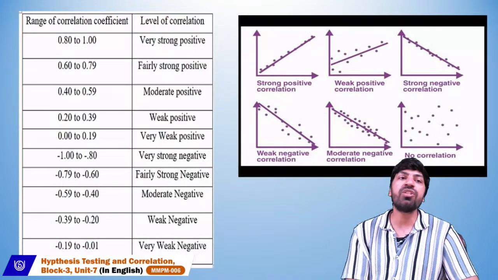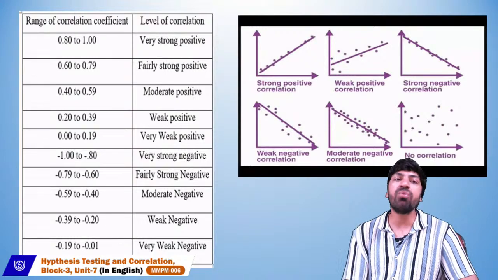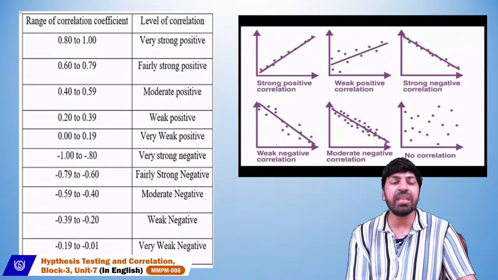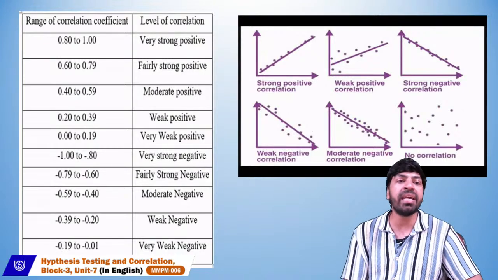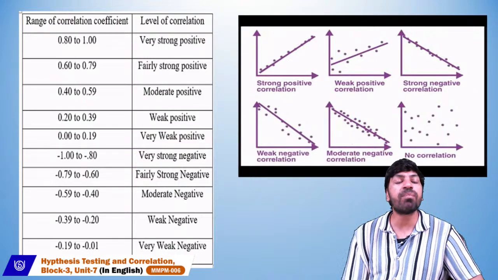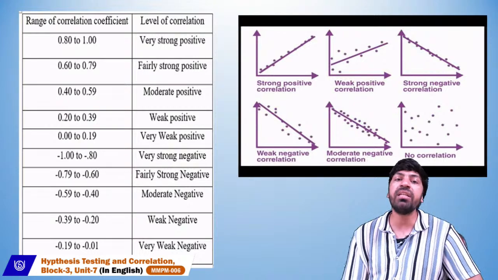Now, these are the ranges of the correlation coefficient. If you look at the ranges, any r value which comes under 0.80 to 1 is a very strong positive correlation. 0.60 to 0.79 is a fairly strong positive, 0.40 to 0.59 is a moderate positive, and 0.20 to 0.39 is a weak positive, and so on.